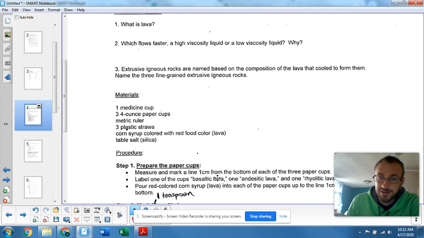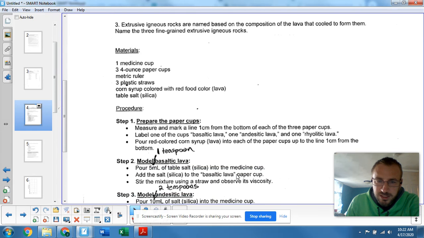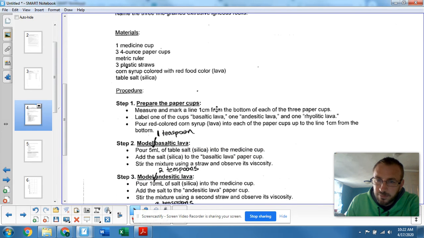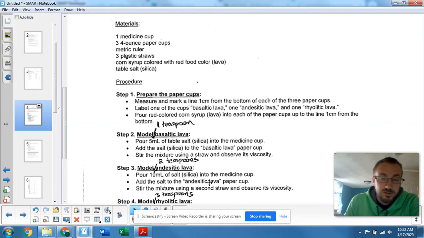None of the stuff in this lab has to be perfect, other than you want to keep the same amount of corn syrup in one cup as the other, and you want to have a teaspoon or something to measure out salt. So I had 1 teaspoon, 2 teaspoons, 3 teaspoons. So just keep that in mind.